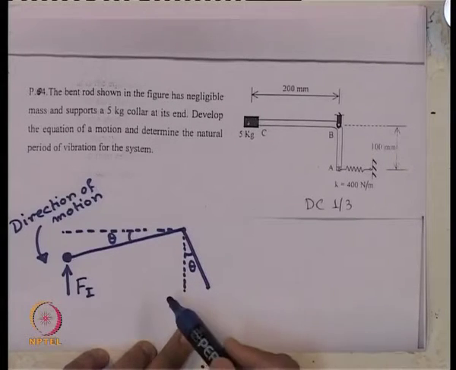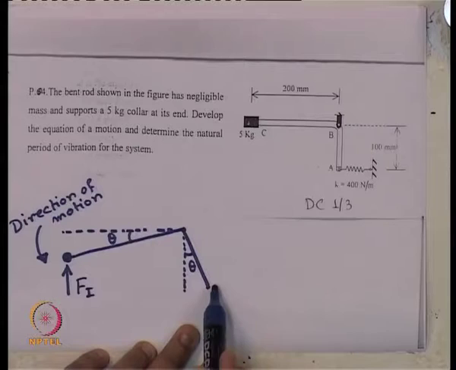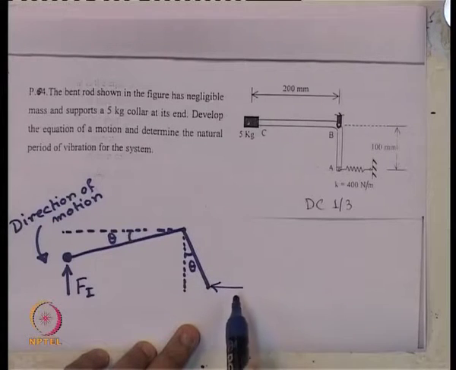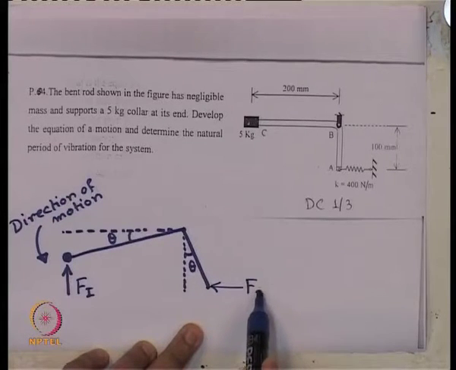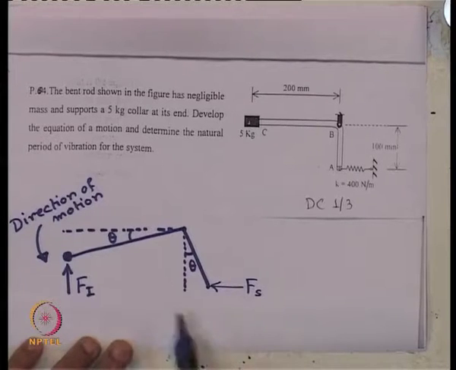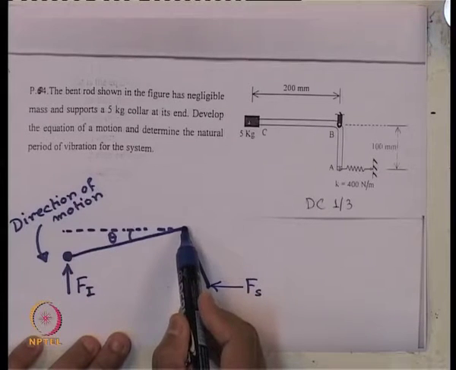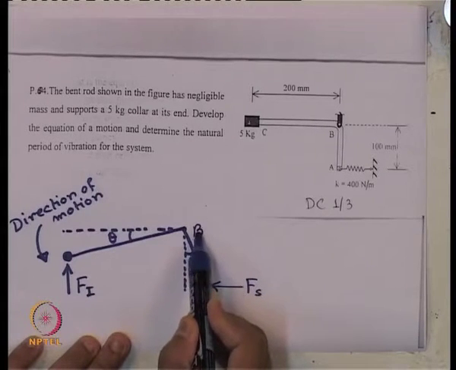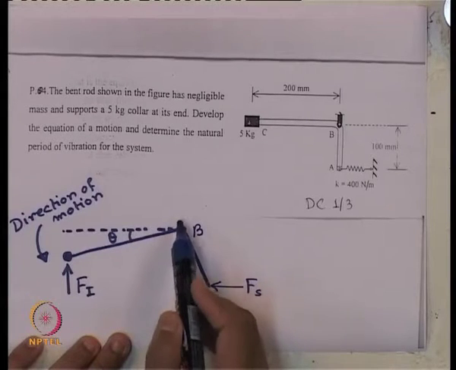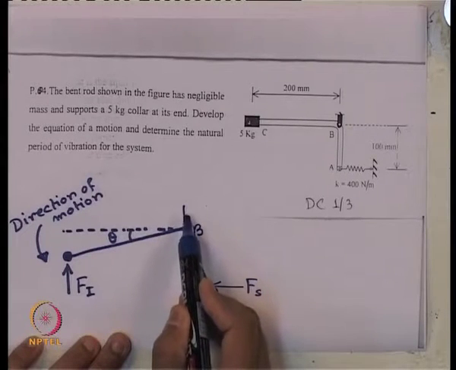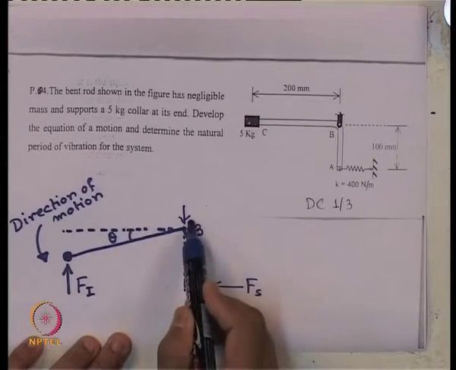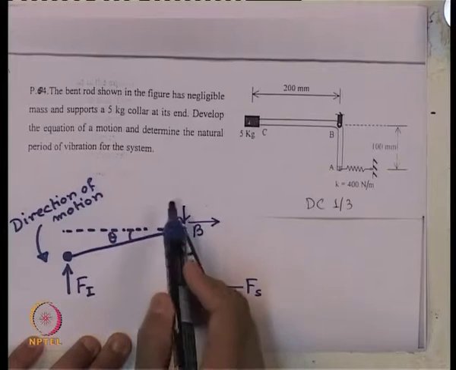It will try to come back to its original position. So, the spring force F of S will act in this direction. Now, this rod is having no mass. So, that is why no other forces are acting, except at this hinge B we will have two reaction forces, right, this one and this one.